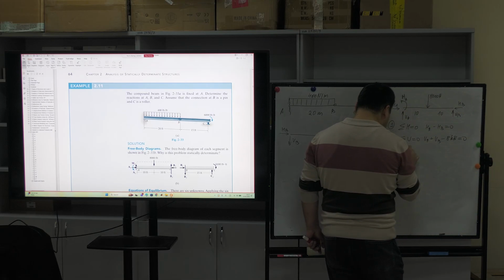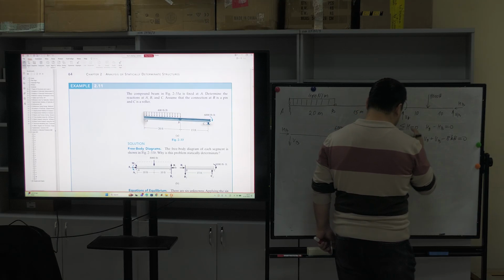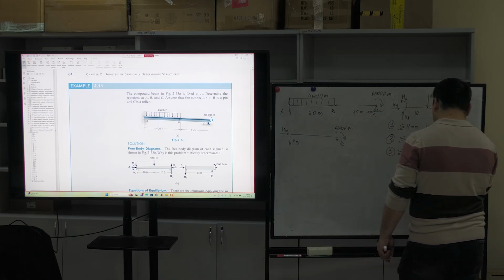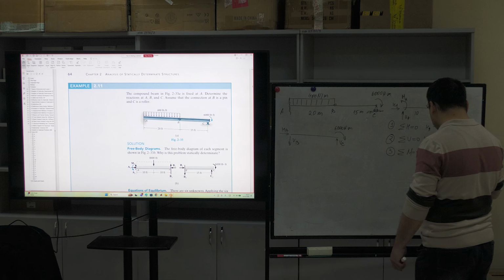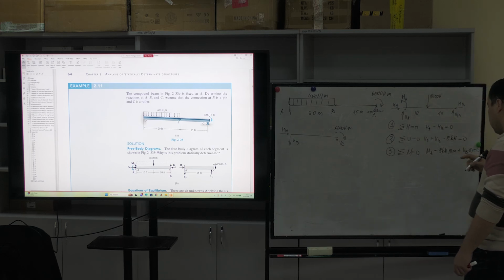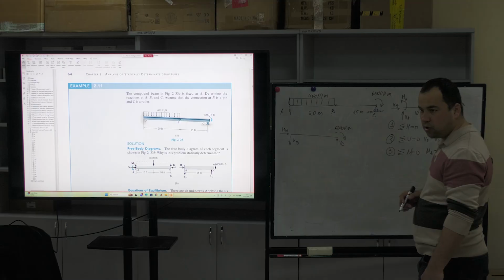Third equation: sum of all moments is equal to 0, MA minus 8 kilonewton times 10 meters plus VB times 20 is equal to 0. We have 3 equations, but here 2 unknowns, here 2 unknowns, here 1. So 5 unknowns but 3 equations. The number of equations is not enough to solve our problem.